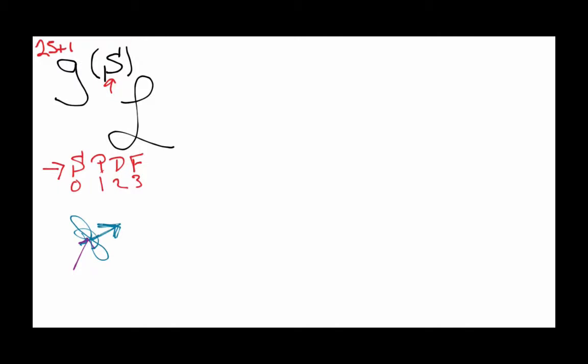And since we're adding these vectors together in three-dimensional space, there's all sorts of possibilities, and that's where quantization in M sub z comes to the rescue. The z components of the resultant vectors, the sums, not necessarily the individual ones, have to be properly quantized, meaning they have to come in intervals of h bar, either in full integer values, 0, 1, 2, 3, 4, etc., or half integer values, 1 half, 3 halves, 5 halves, etc. Either one or the other is going to hold.